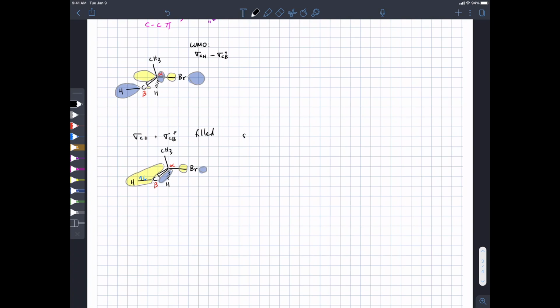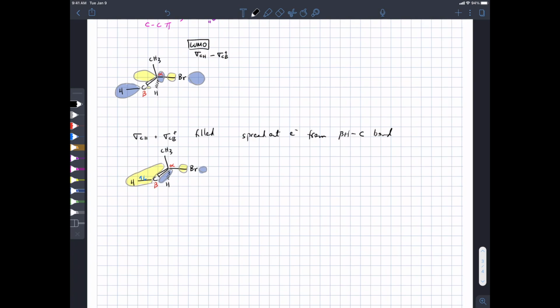So think of this as spread out electrons from the carbon to beta carbon bond, beta proton to carbon bond. And think of the upper combination as the spread out LUMO onto those adjacent beta protons.